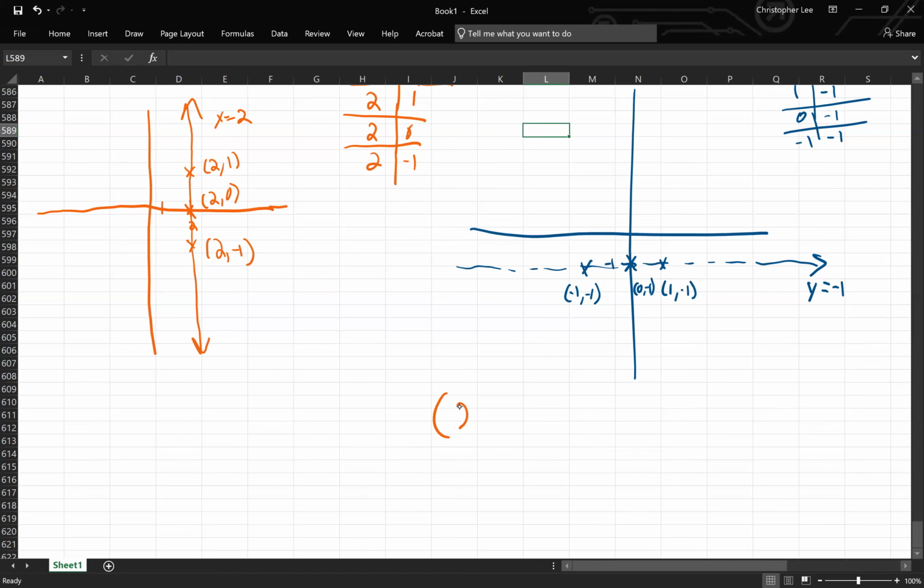Let's say the point is 2 comma 3, and you want to know what is the vertical line that's passing through it. Well, vertical starts with what letter of the alphabet? That word vertical. V. So if you have a V and you flip it upside down, what does it become?